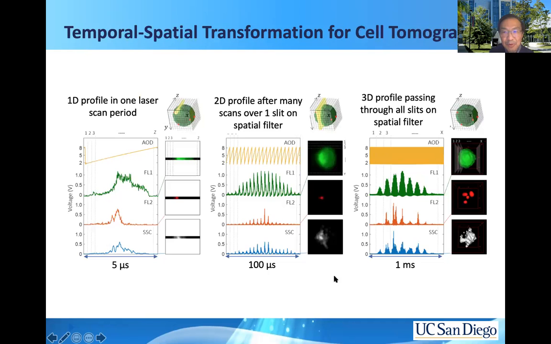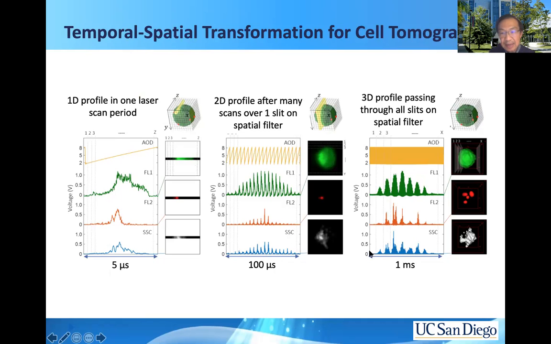Here is a summary of what we just described. In 5 microseconds, we create a signal for one single column, one single row. After 20 scans, in about 100 microseconds, we create a cross-section plane. Here we show the first fluorescence, the second fluorescence, and the side scattering signals.